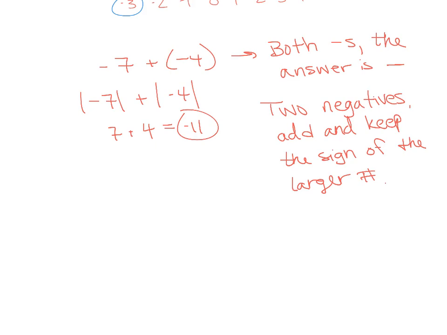Okay, so if we have negative 7 plus a negative 4, we add 7 plus 4 and get 11. 7 is bigger than 4 and it has a negative sign, so it's negative 11. Okay?